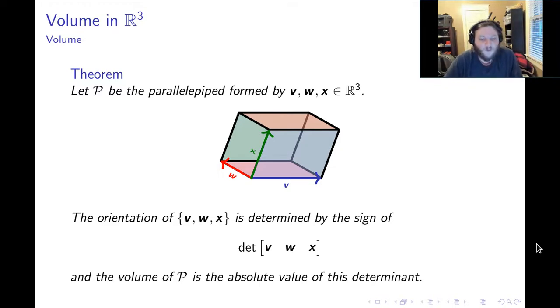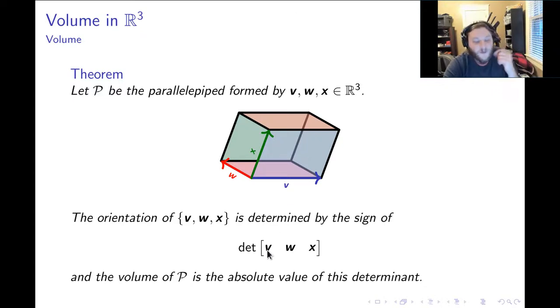Well, what do we use 3 vectors in R3 for? We won't use them to construct a parallelogram, but we do use them to construct what's called a parallelepiped. So this is sort of a 3-dimensional tilted cube. So let's say we use our 3 vectors, v, w, and x, to construct a parallelepiped.